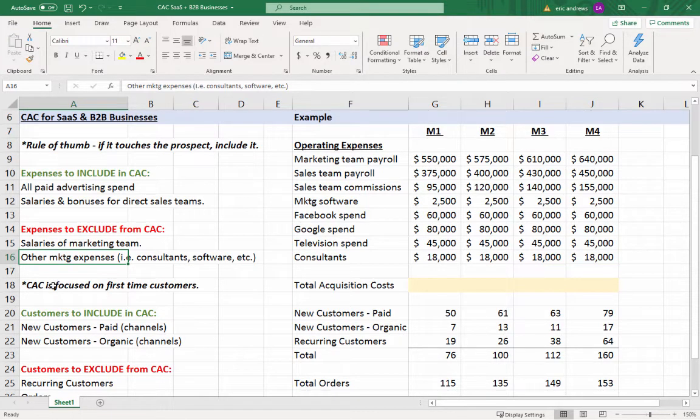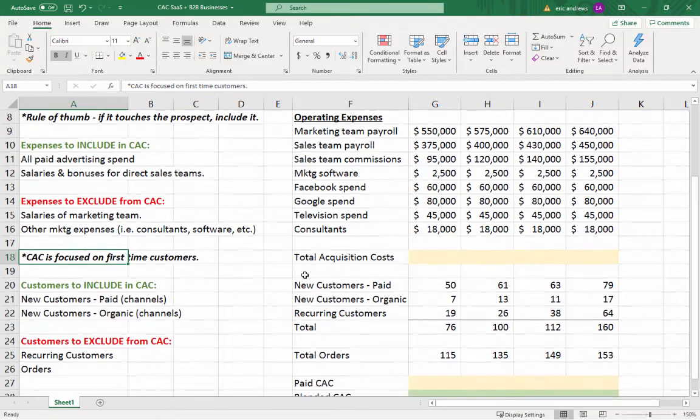Now let's talk about the customer data that we need to include in our CAC calculation. Again, a lot of errors with this, so I want to clear this up. In CAC, you are including new customers, brand new customers. And when we say customers, we don't mean new orders. We mean new people, individual customers.